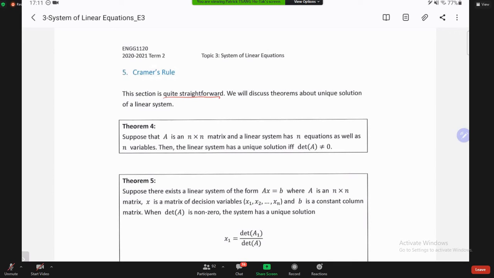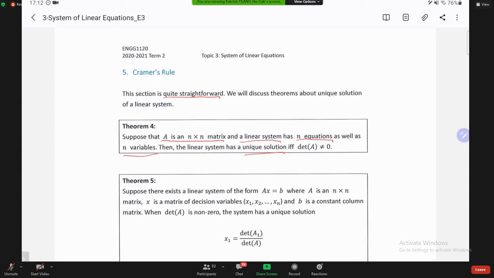What is meant by theorem 4? Suppose there is an n by n matrix A, with a linear system containing n equations as well as n variables. The linear system will have a unique solution if and only if the determinant A doesn't equal 0. Let me repeat. In the very beginning, I suppose there is a matrix A associated with the linear system.